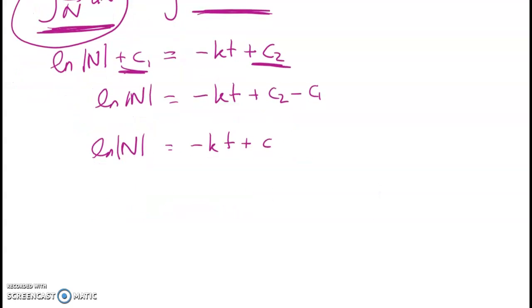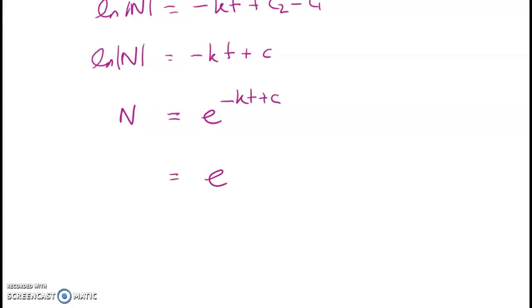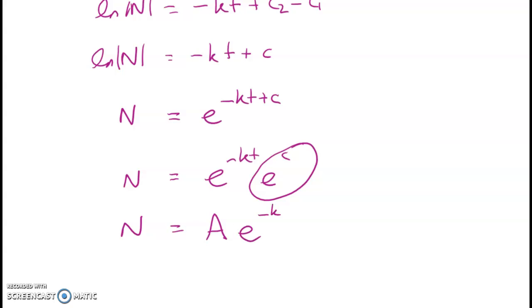What I'm going to do now is do e to both sides. So we get N is equal to e to the negative kt plus c. And I can write that as e to the negative kt times e to the c. And I can relabel this thing here as another constant. I'll often use capital A for that, not always.